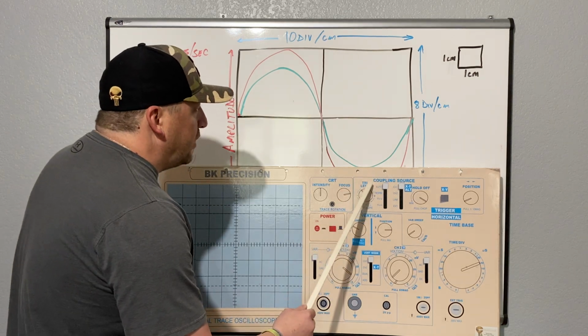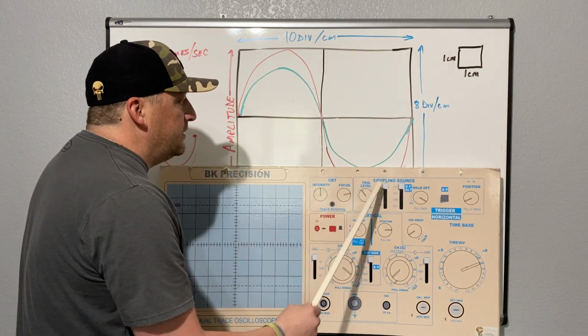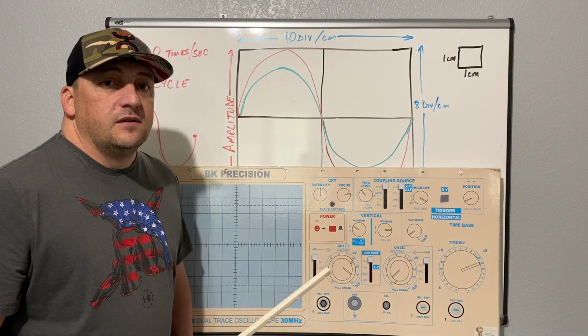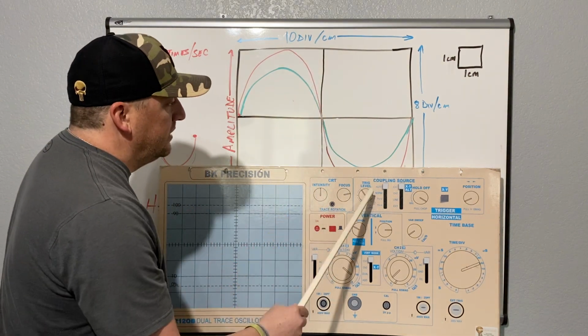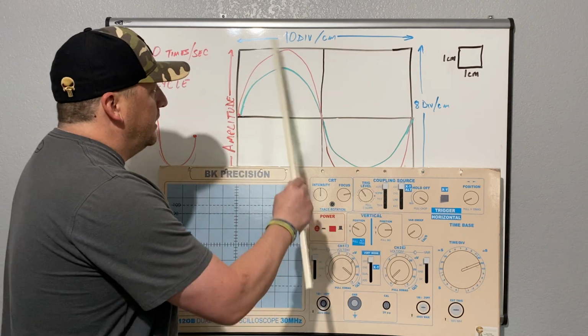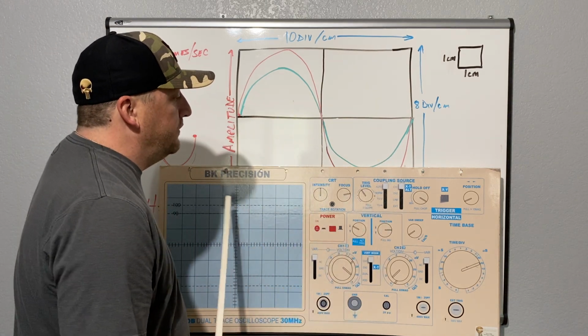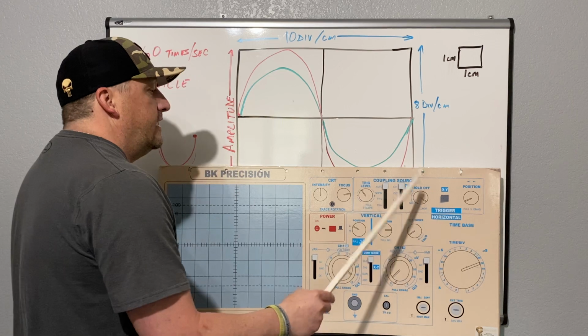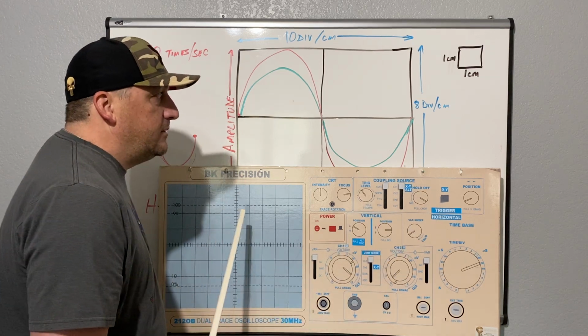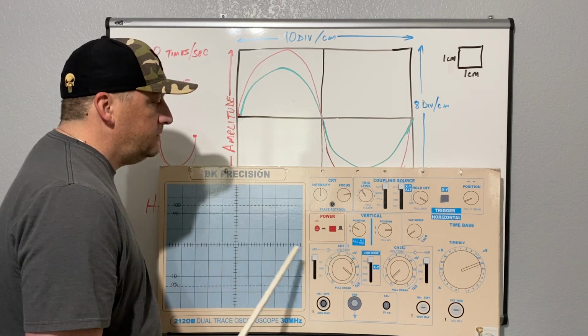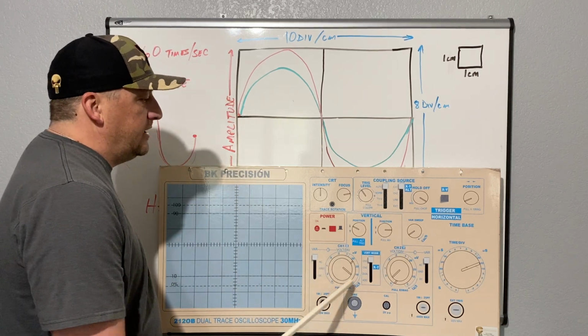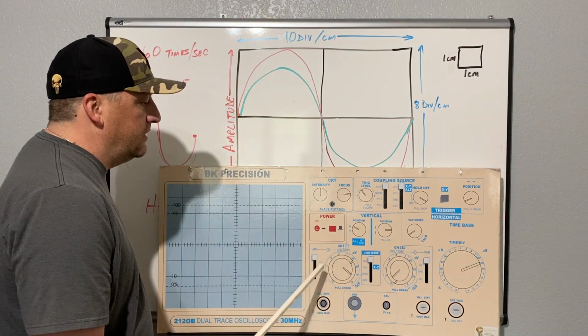So that would be a total of a 400 millivolt peak to peak value. From this peak down to that lower peak, that is going to be a total of 400 millivolts. And 8 divisions times 50 millivolts, that's 400 millivolts. So that's this volts per division selection mode here.